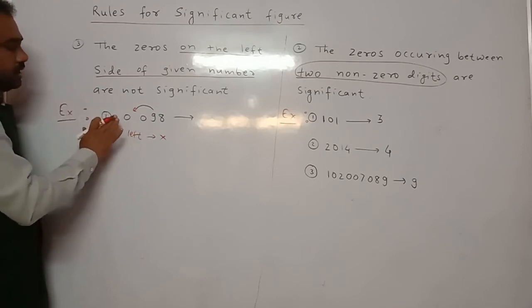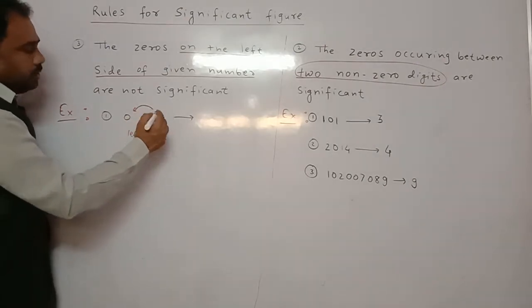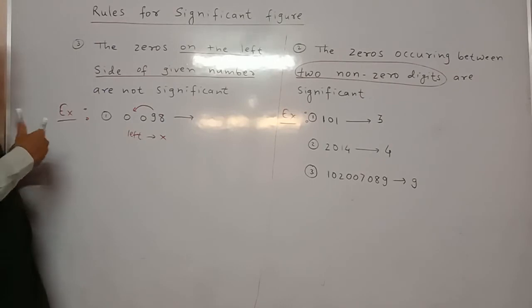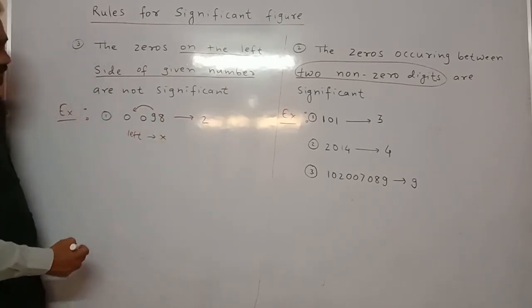So those zeros are not significant figures. Therefore 9 and 8, only 2, are the significant figures. So this has two significant figures.